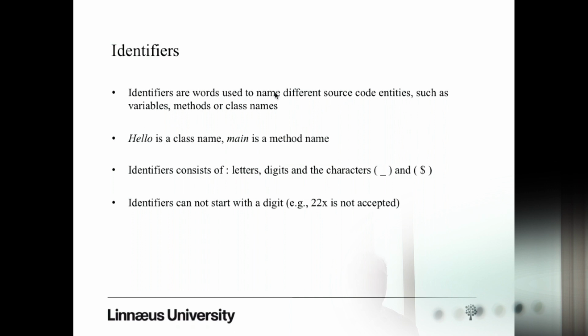I don't know the reason why they allowed these two, but that's the Java rule, that you can use underscore and $ sign in the identifier names, but not other characters. For example, if you use something like 22x, this is not accepted. But you can use it the other way around, like x22, or if you put underscore before 22, then it's no problem.